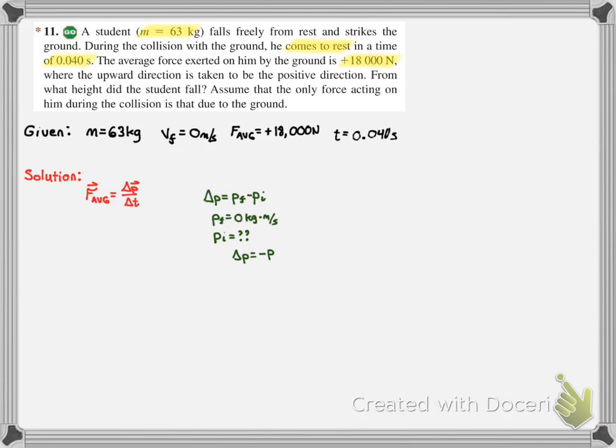Because the person came to rest after he hit the ground, his final momentum was 0. So that means the change of momentum is just the negative of the initial momentum. When we plug in our values, we end up calculating that our initial momentum is negative 720 kilograms meters per second. And since we know the mass of the person, we can calculate the velocity at which he hit the ground.